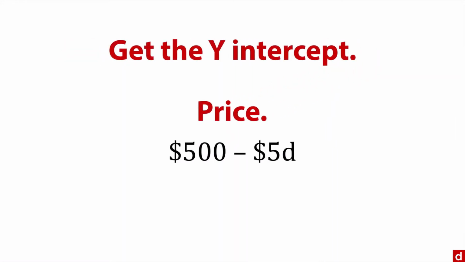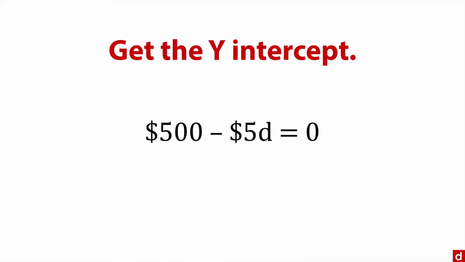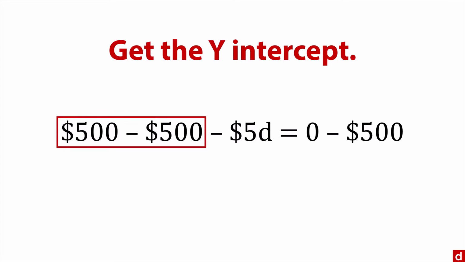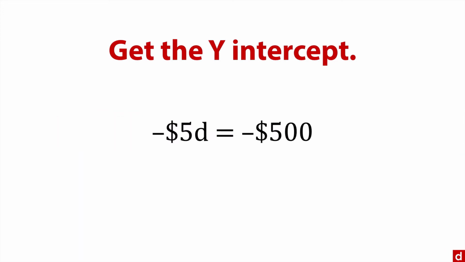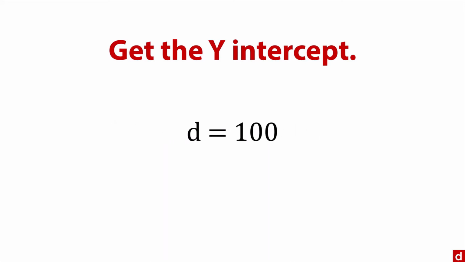So we have price here: $500 is the current annual subscription price minus $5 times D. And we're going to get the y-intercept by solving when does this equal 0. Okay, well, we take the 500, we subtract that from both sides, and then we end up with minus 5D is equal to minus 500. Divide both sides by minus 5, and we're left with D is equal to 100.